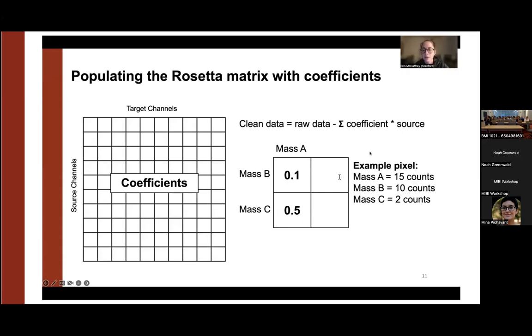Now, if I consider an example pixel, let's say that for mass A, I have 15 counts, for mass B, I have 10 counts, and for mass C, I have 2 counts.